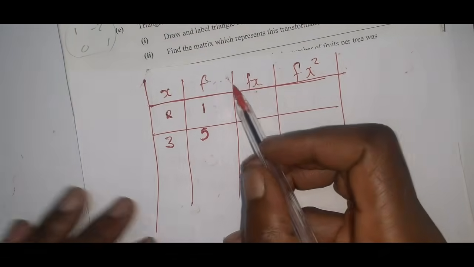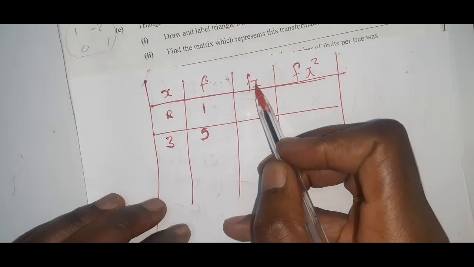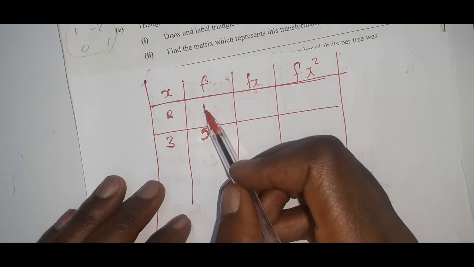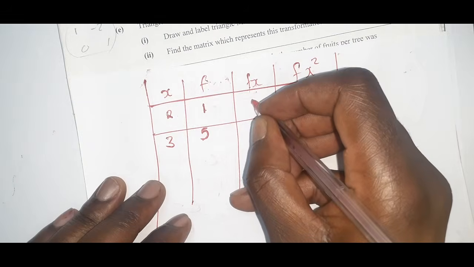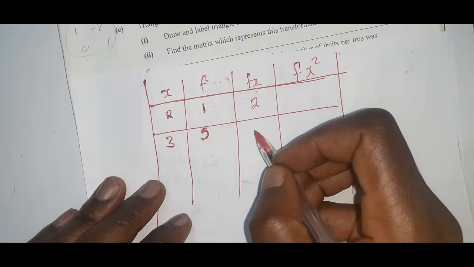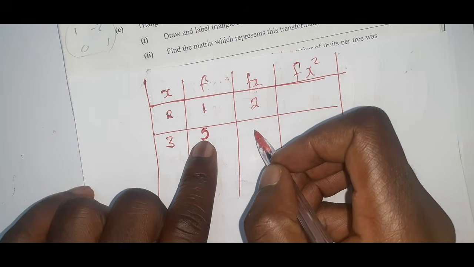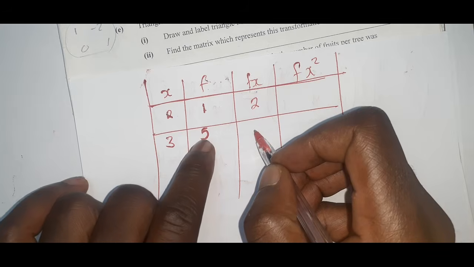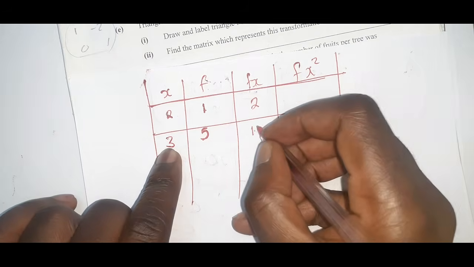Now look at this. This is f multiplied by x. Our f is 1, so 1 multiplied by 2, we're going to get 2 here. This is the same thing. Our f is 5 multiplied by x, we get 15.